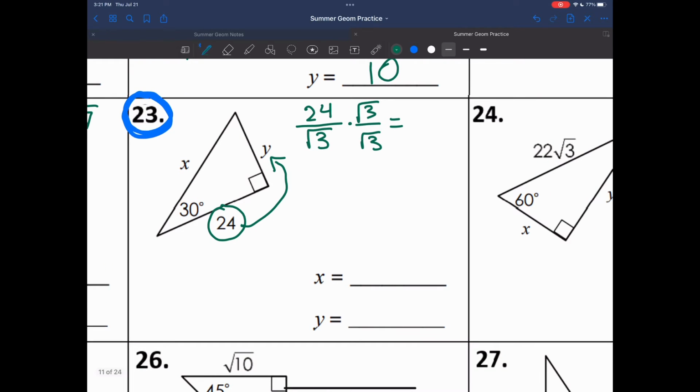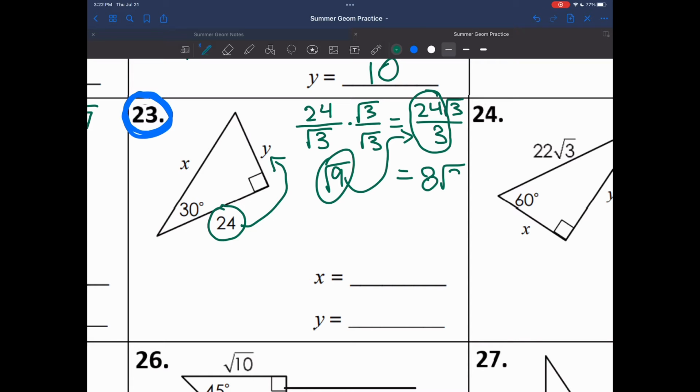Multiplying straight across is going to give me 24 square root 3 over square root 3 times square root 3. Think about that. That's the square root of 9, but the square root of 9 is just 3. Okay, and then we can simplify this part, 24 divided by 3, because that's going to give me 8. So this is all 8 square root 3.